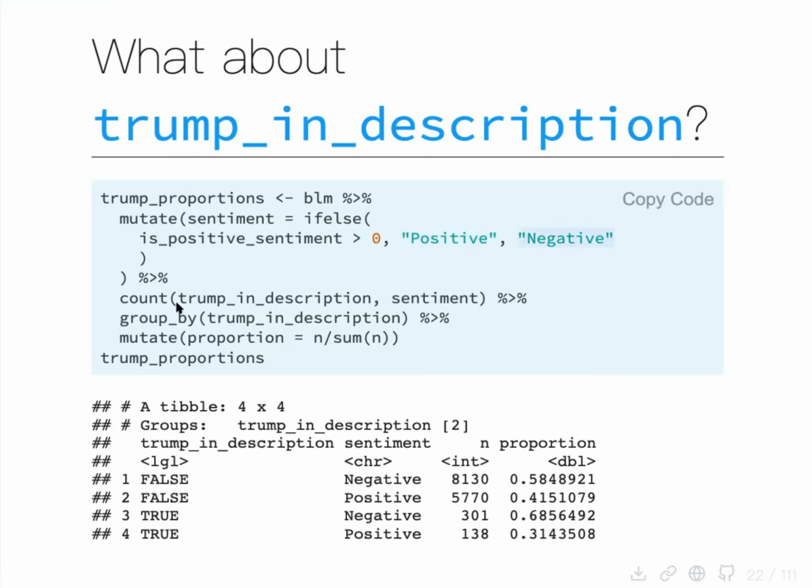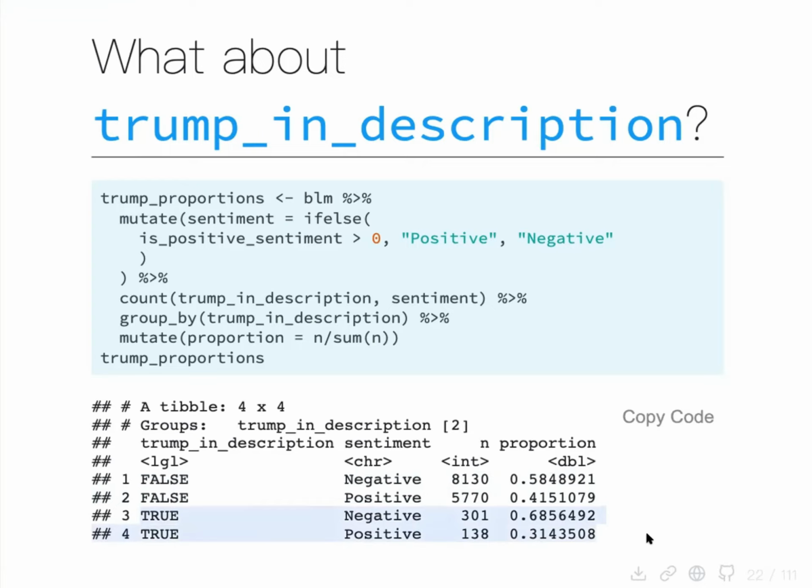Okay. And then I'm counting Trump in description and sentiment. And then I'm going to group by Trump in description. So I'm grouping by here, and then I'm computing the proportion. The reason I'm doing that is I want to see what's the proportion of positive and negative tweets when Trump is not in the description, and what's the proportion of positive and negative tweets when Trump is in the description.